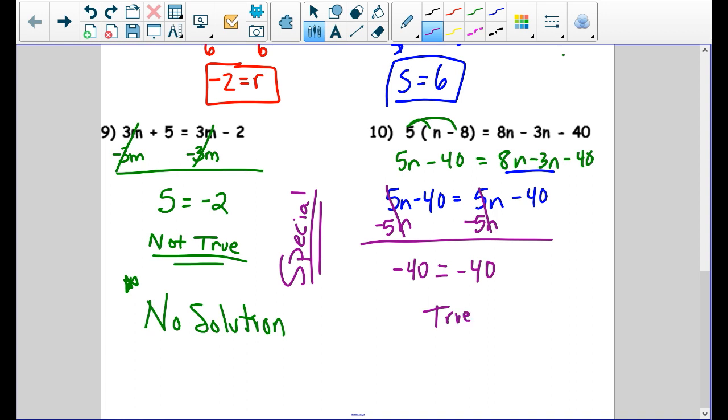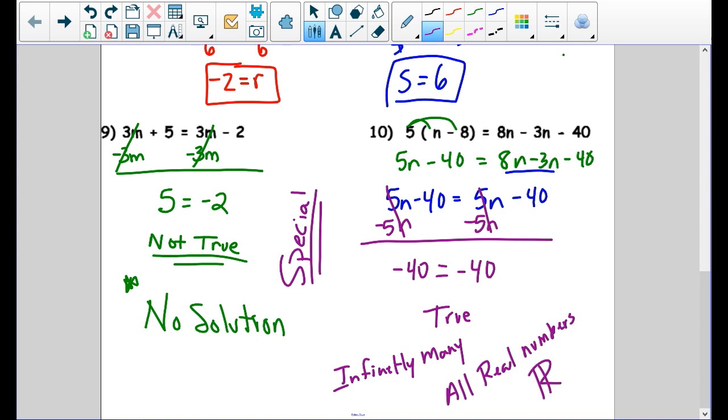There's a couple things that they may say. So they can say infinitely many. So infinitely many solutions. They can say all real numbers. To go with all real numbers, there's a symbol here.